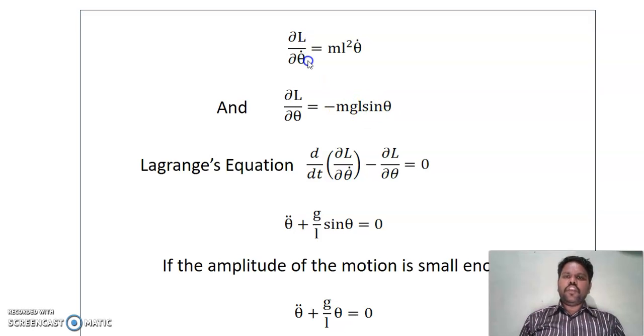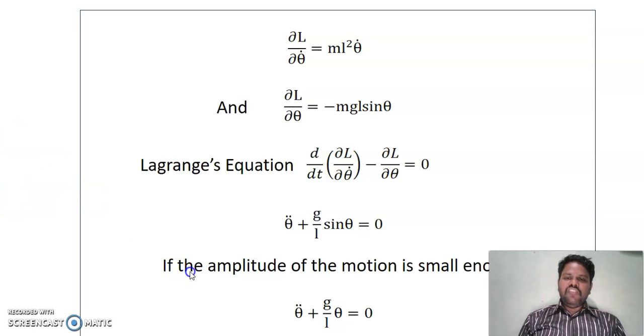Substituting dou L by dou theta dot and dou L by dou theta in Lagrangian equation, we obtain theta double dot plus g by L sine theta is equal to 0, which is the required equation for simple pendulum.